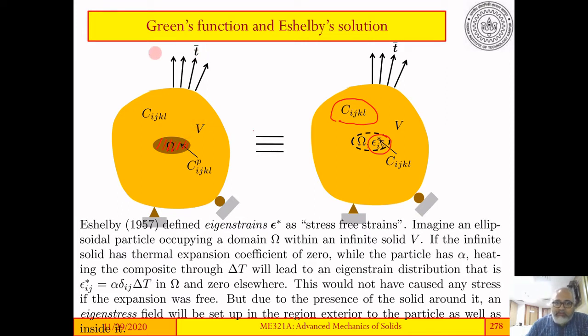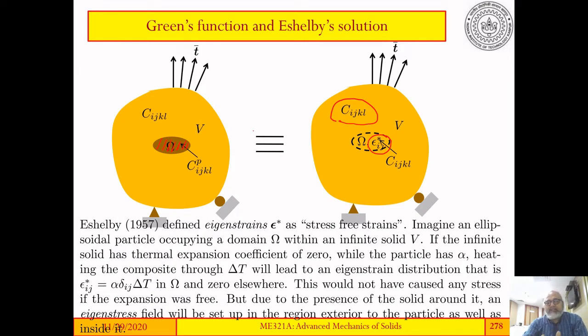And he also found the solution exterior to the particle, which he called the exterior solution, which of course is not constant. But remarkably, the strains inside an ellipsoidal particle are constant and independent of the properties of the particle. They are dependent only on the properties of the matrix.